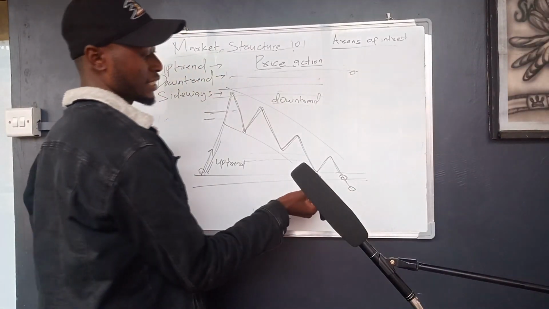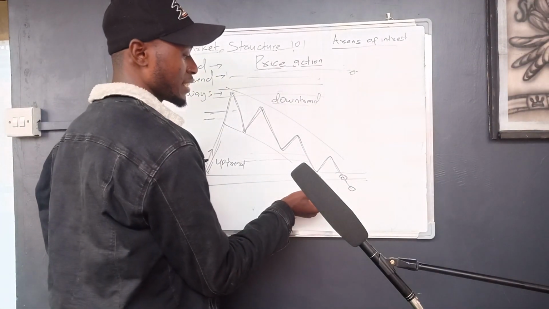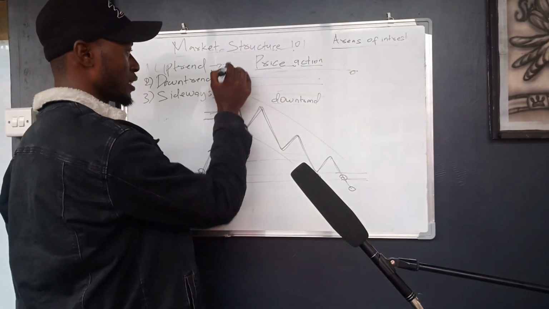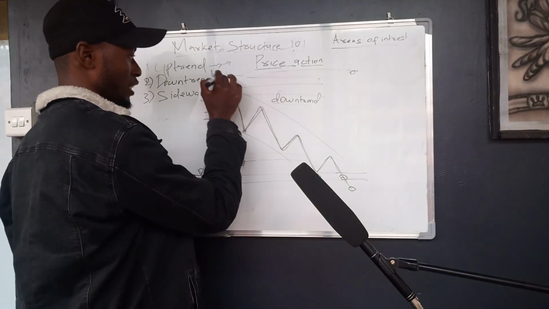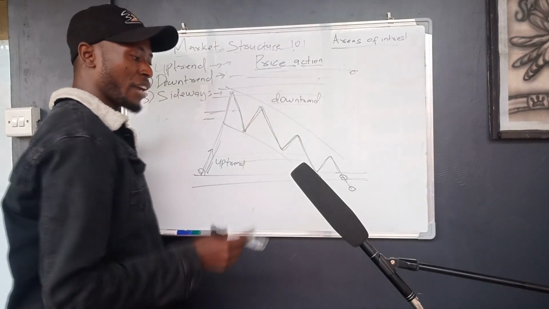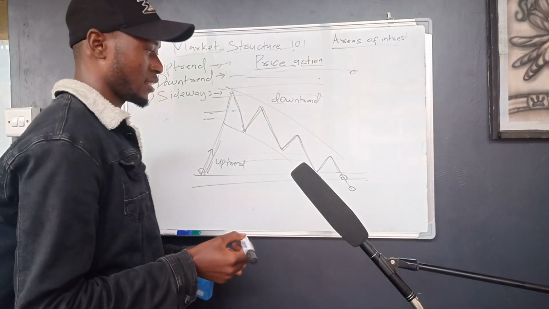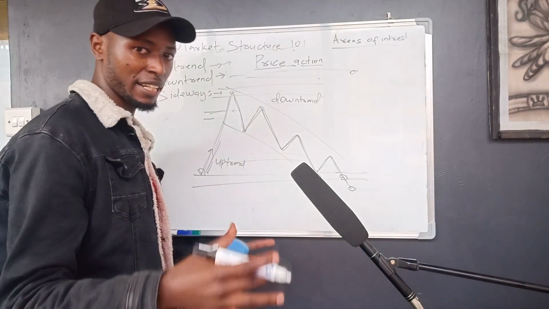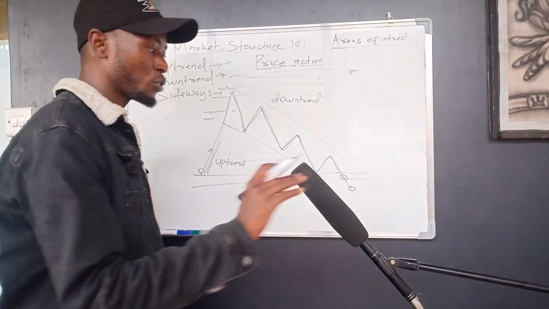If this market reaches this zone, we are anticipating that the uptrend will continue, but the market is still in a downtrend. So we have to wait for the buyers to actually confirm that the market is now moving in an uptrend. How do you do this?